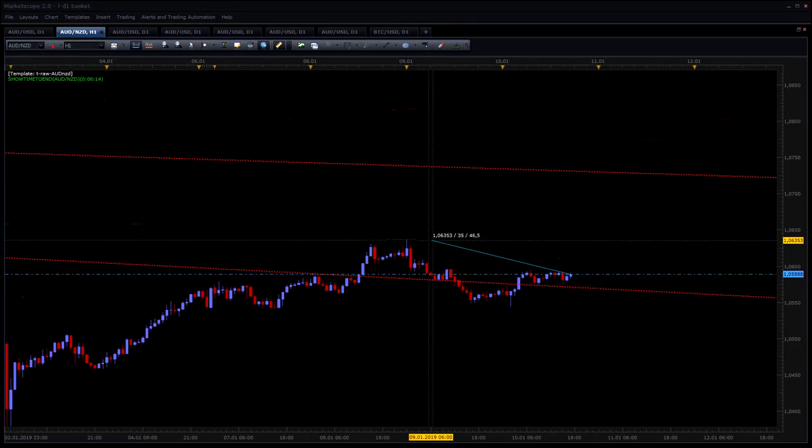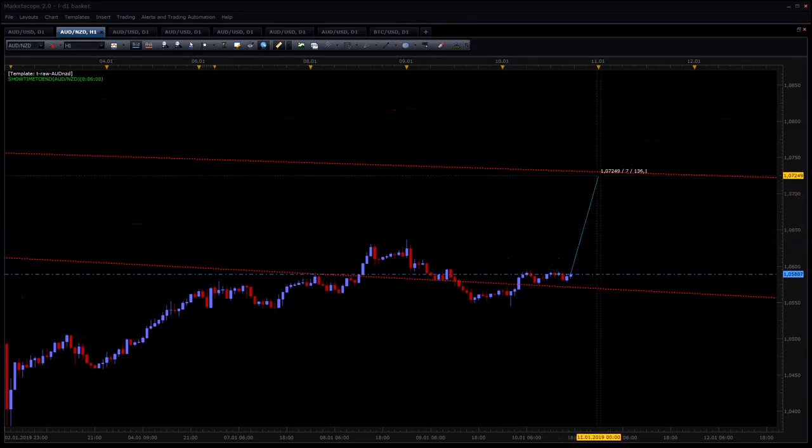So again, 45 pips. This is your first reward, so take profit 1, and then take profit 2. Let's say 130 pips. This is the most probable option that the market can go to.